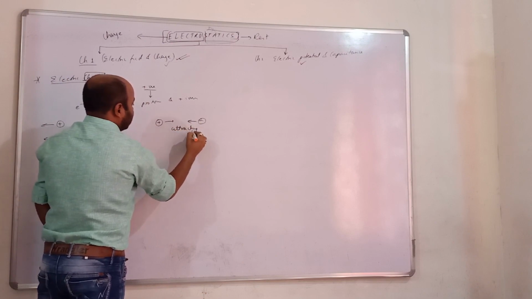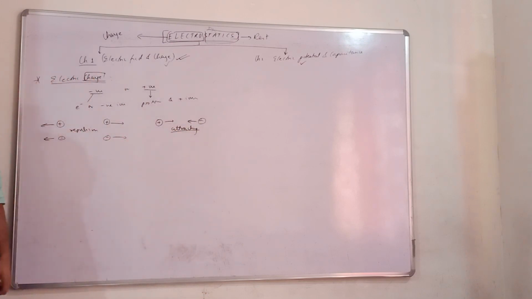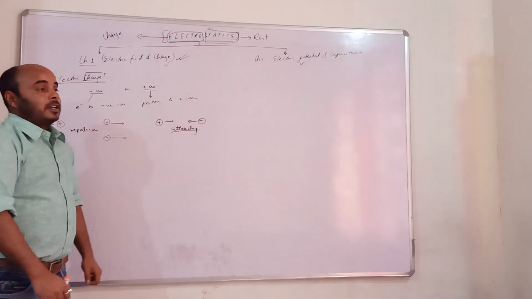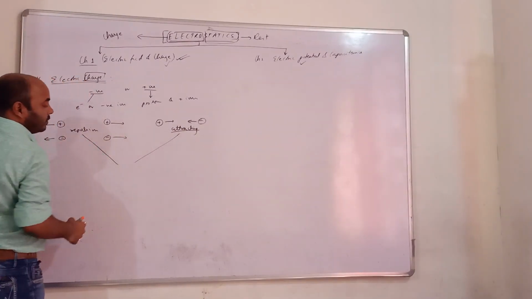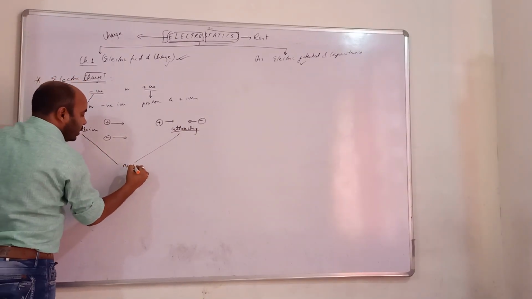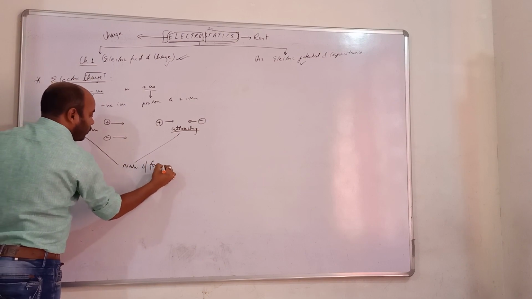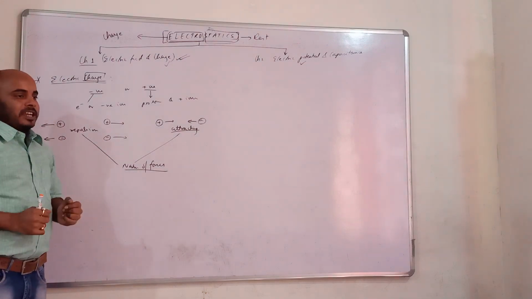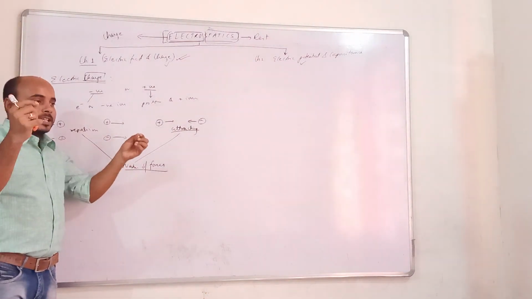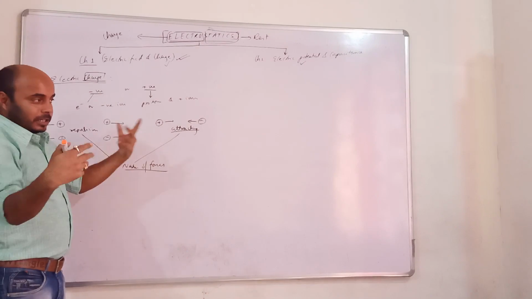This is called the property of charges: like charges repel, unlike charges attract. What are this repulsion and attraction? These are called the nature of forces. So the other way around, we will not say that two plus repel, and a plus and a minus attract. No. We will study like this.